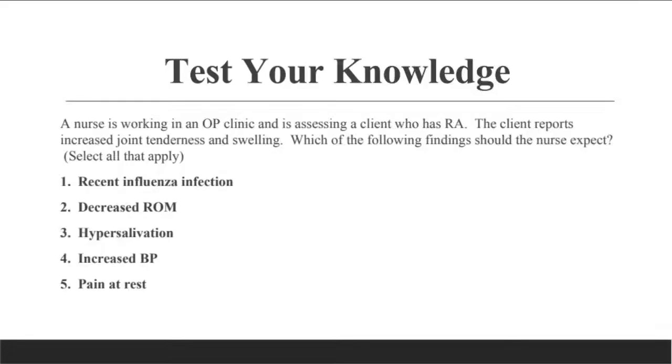A nurse is working in an outpatient clinic and is assessing a client who has rheumatoid arthritis. The client reports increased joint tenderness and swelling. Which of the following findings should the nurse expect? Select all that apply. Anybody agree with Zenaida?